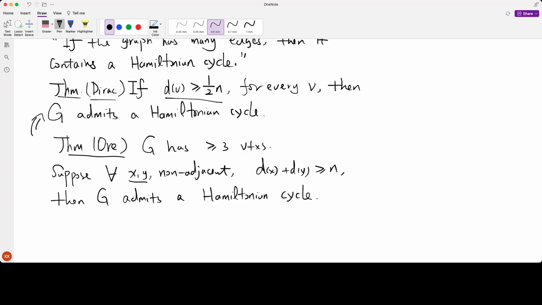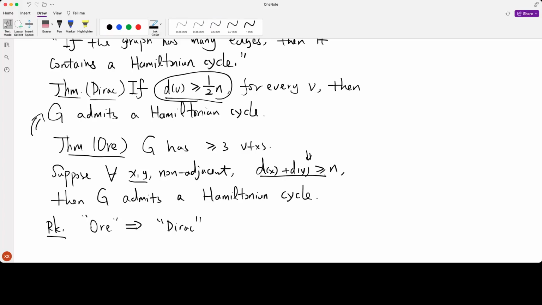I'm trying to prove Dirac using Ore. So a remark: Ore's theorem implies Dirac's theorem. And this is an exercise. You can follow what I just said.